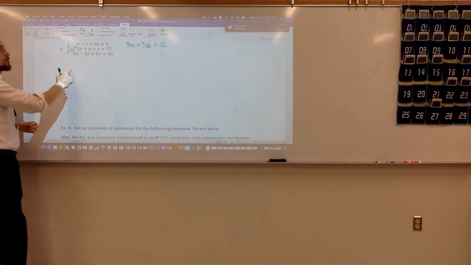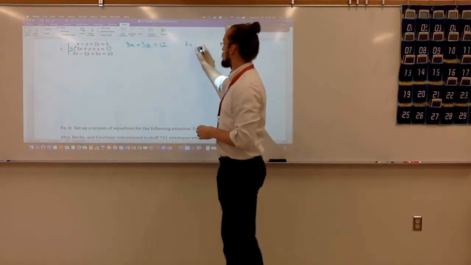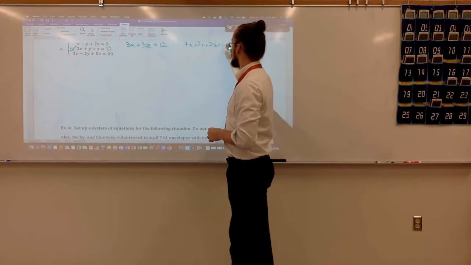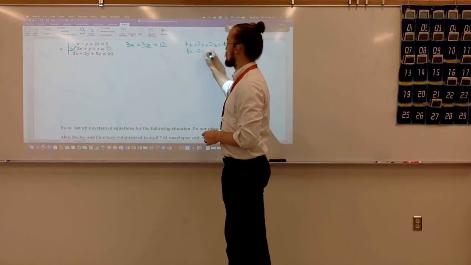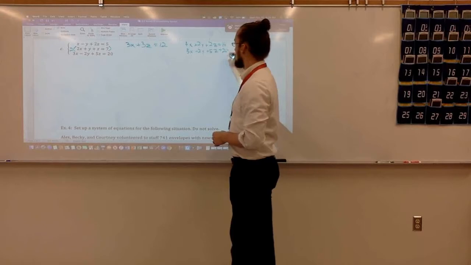So I'll rewrite this over here. This would become 4x plus 2y plus 2z equals 14. And my second equation, 3x minus 2y plus 5z equals 20.